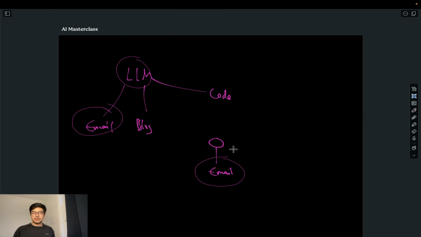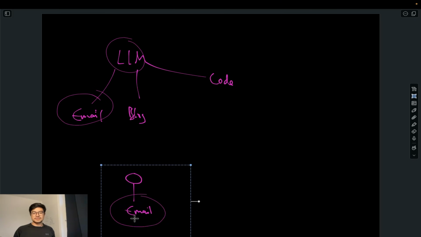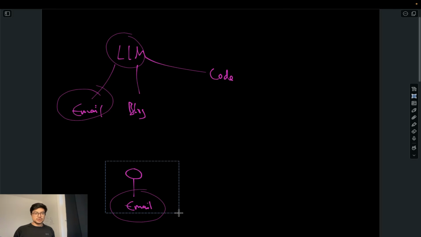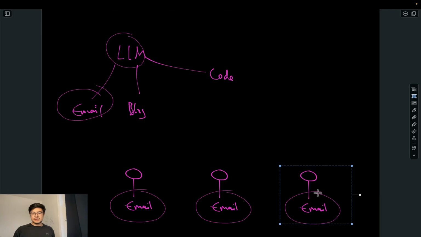And what you can do then, if you understand that this is the case, is, let's see if I can get it here. You can have 3 smaller specialized models, right, that each do the different tasks that the bigger language model can do.